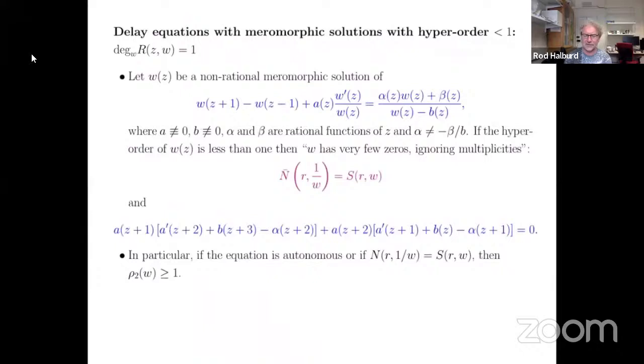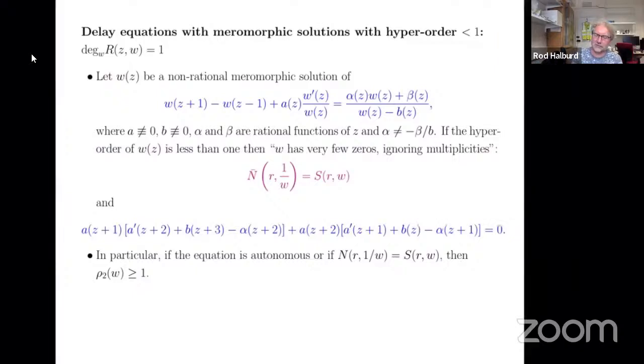When we look at the different cases, we can now prove that if you have an equation of this form where w equals 0 is not a 0 on the bottom, but it's a simple b of z is not 0, then we can show that you have very few zeros, ignoring multiplicities. That's what the little line means. And we even have some equation that the coefficients have to satisfy, although these are probably special solutions.